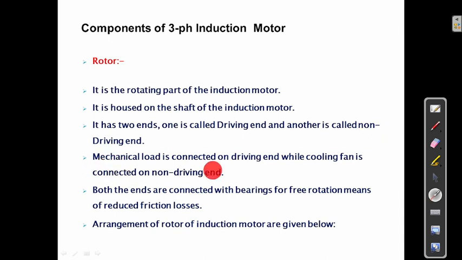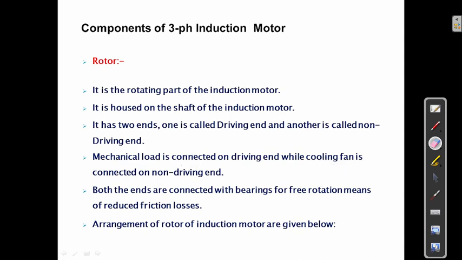The mechanical load is connected to the driving end, while the cooling fan is connected on the non-driving end. Mechanical load, which means the output, is connected to the driving end. That's why we call it the driving end. On the other side we can connect the cooling fan, and that end is called the non-driving end.